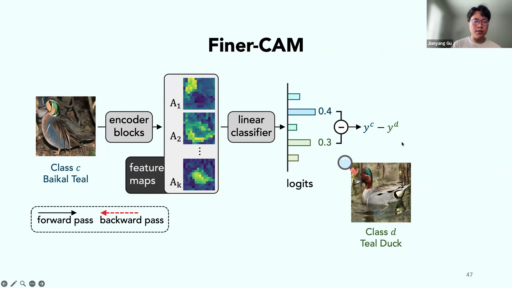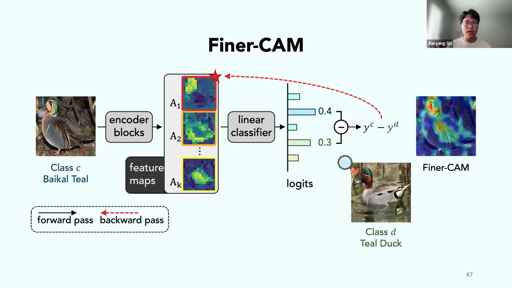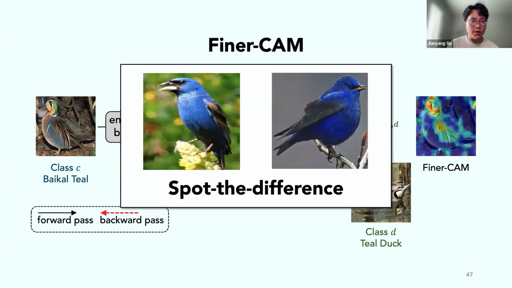We are trying to maximize this margin, and we do a backward pass to give scores to each feature map, and then we aggregate these feature maps. These are all the same steps as the vanilla GradCam, and this can be treated as a spot-the-difference game. We are trying to spot the difference between two species to create the explanation.